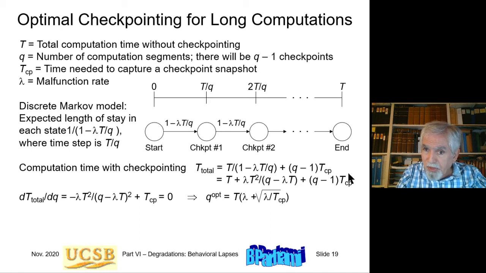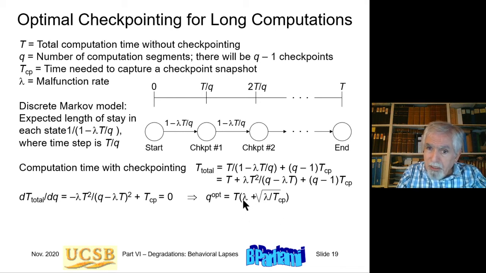This term varies directly with q. Okay, if I differentiate this with respect to q and equate the derivative with 0, I find that the optimal number of segments, remember q minus 1 is the number of checkpoints, the optimal number of segments q is given by this function.